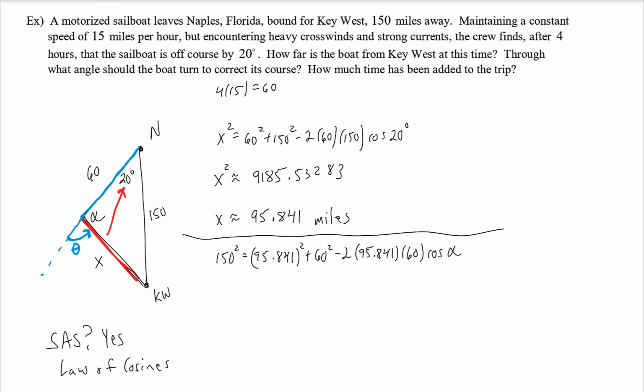Okay, so subtract, and then divide. I'm going to eventually type this into the calculator, of course. So subtract and then divide to get cosine alpha. Okay. Let's see what that's going to be.